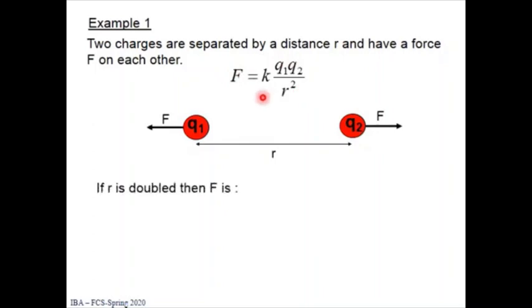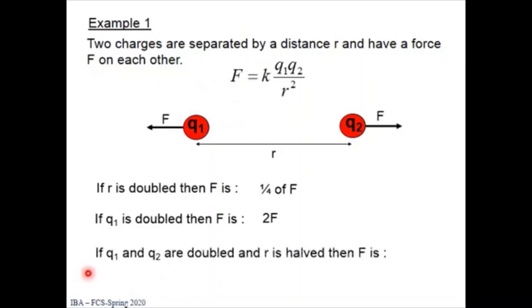Now it is better if you pause this video and answer it. For example, if r is doubled, then the force would be 1/4 of F. And if Q1 is doubled, for example, you just replace Q1 with twice Q1, then of course the force would be twice the initial force.